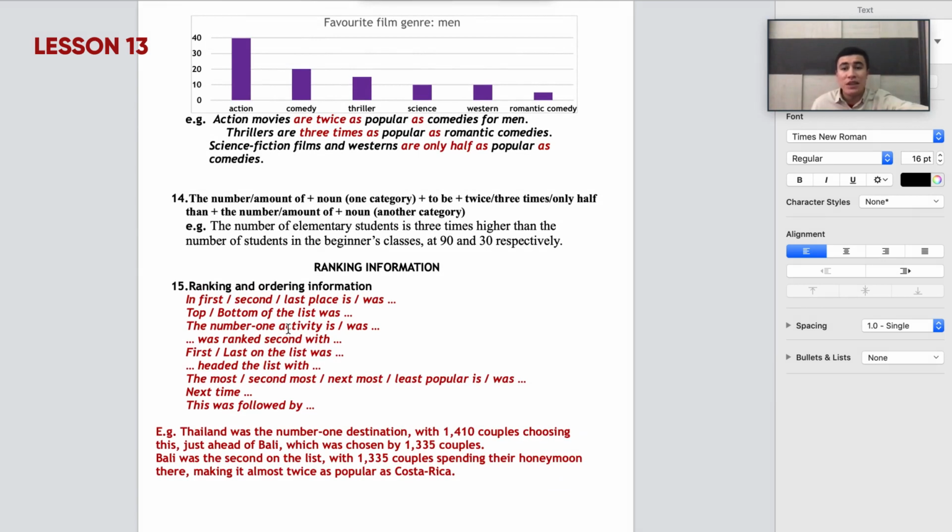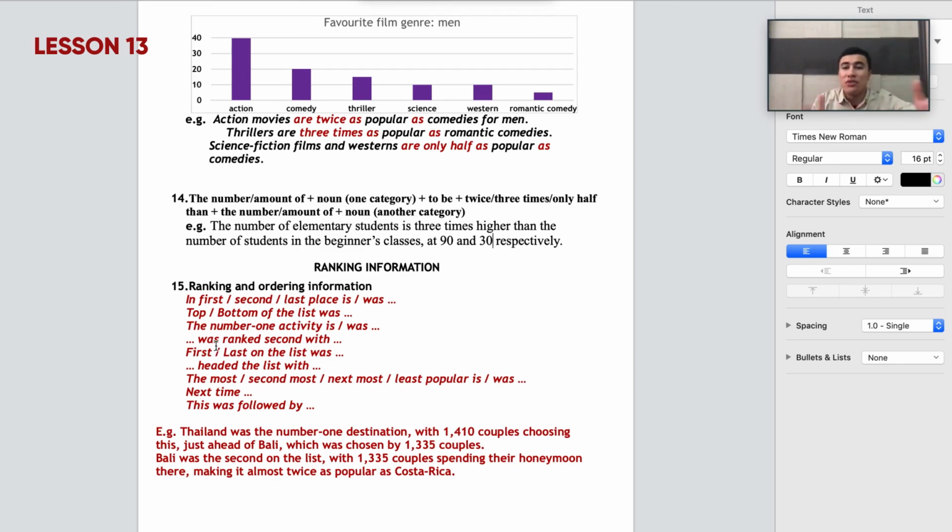Okay, now let's talk about ranking information. So you can use these words in ranking and ordering information. In first, second, last place, is or was, of course depending on the tense you are using in your report, top, bottom of the list, was or is, the number one activity is or was.